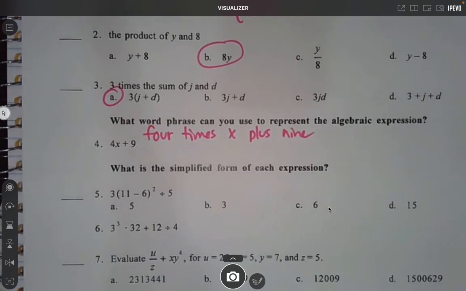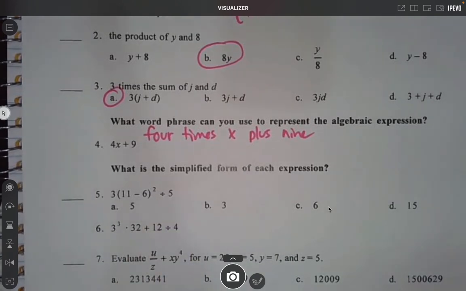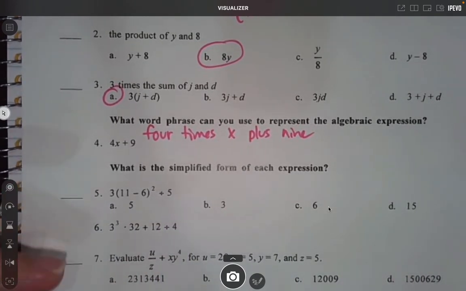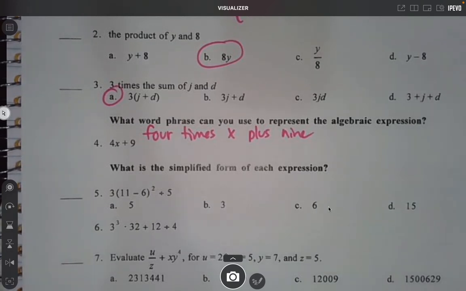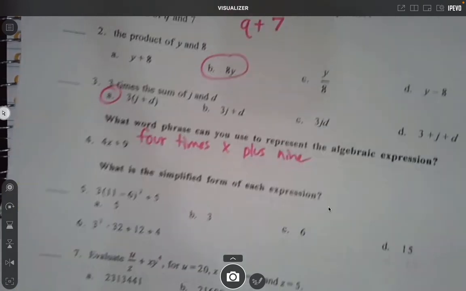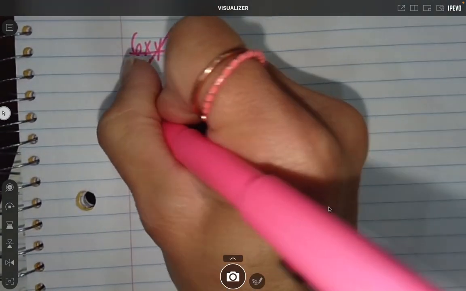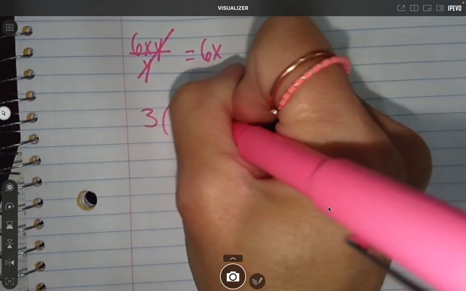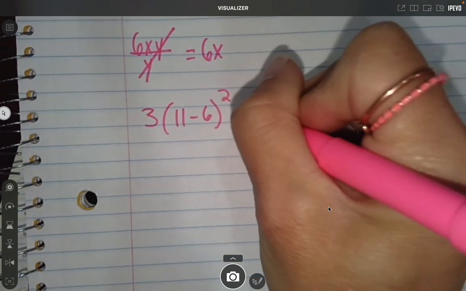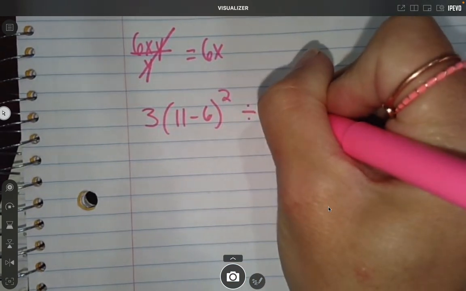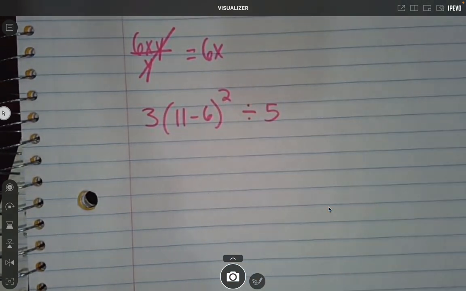Okay, number 5. This one and 6 and 7, those all use order of operations. So on number 5, I'm going to write it on a separate sheet of paper over here so I have room. 3, 11 minus 6 squared. That is a division sign. Okay, sometimes the plus signs and the division signs look similar.